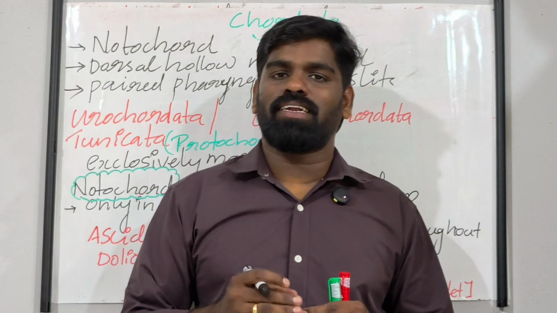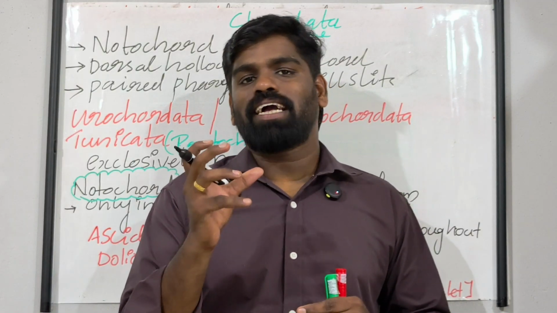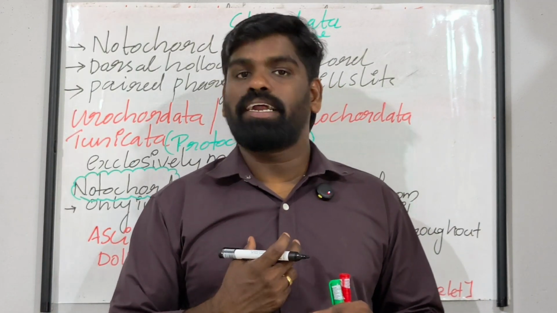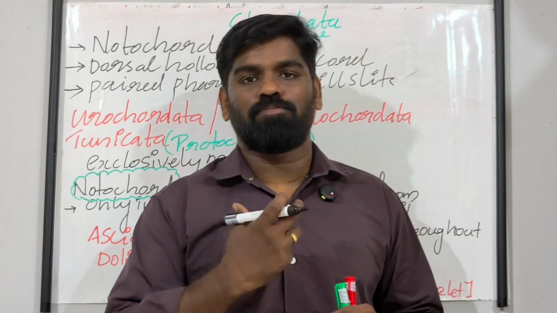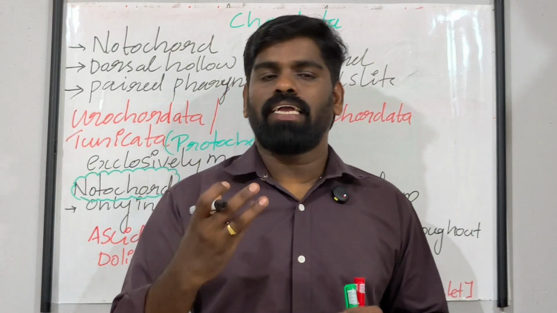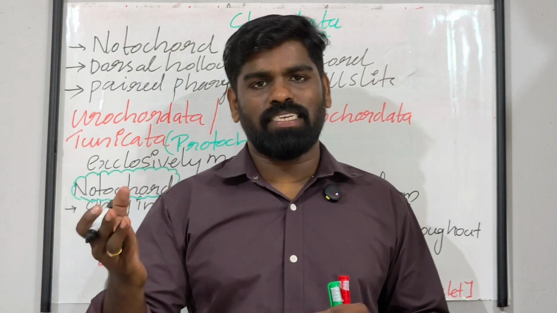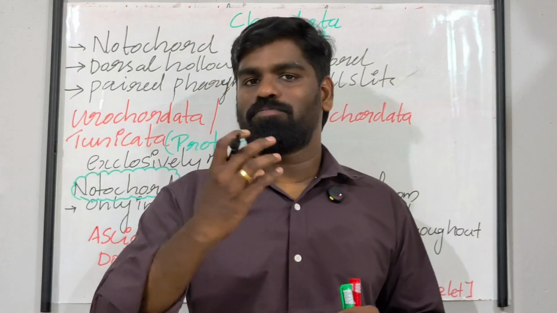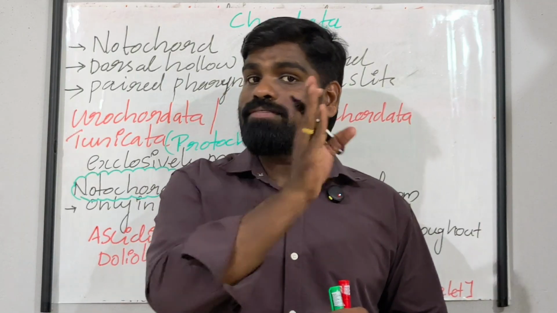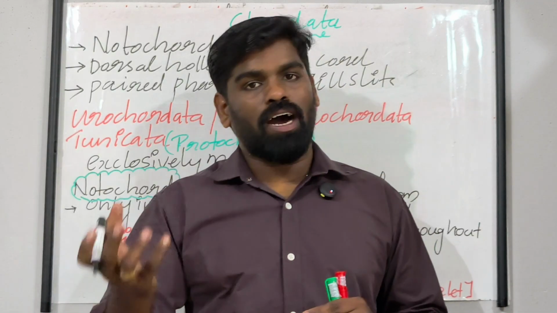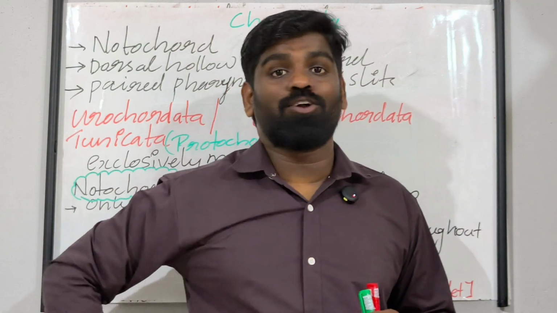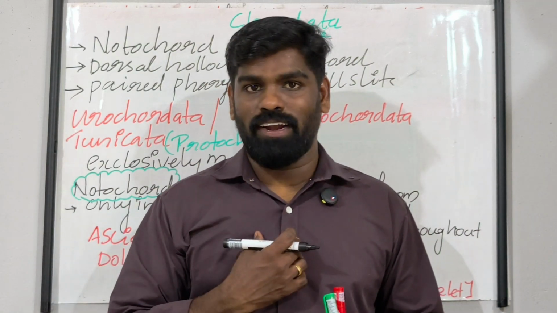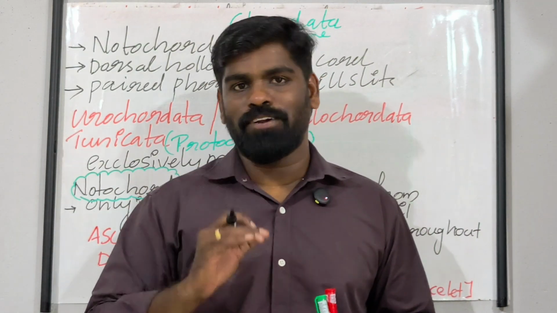Then the heart is present in the ventral side. Either it will be 2-chambered, 3-chambered, or 4-chambered, but it is present in the ventral side. But in non-chordates, if a heart is present, it is in the dorsal side, not in the ventral. These are the other differences.